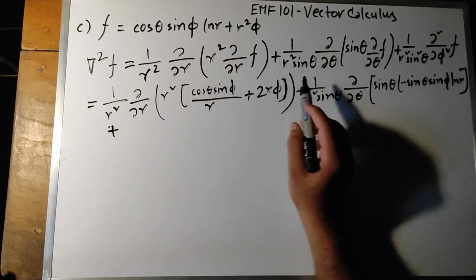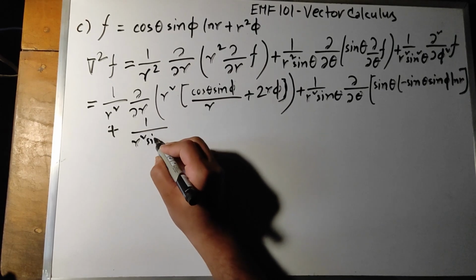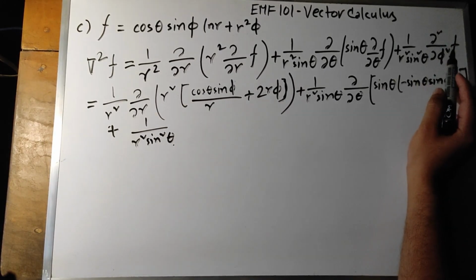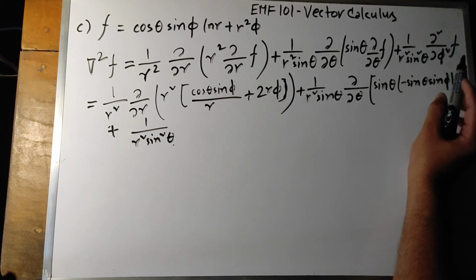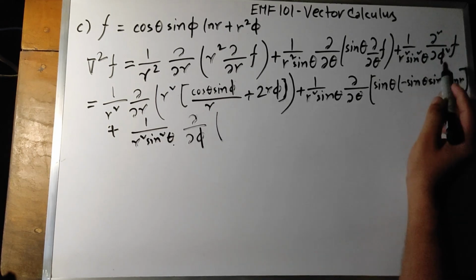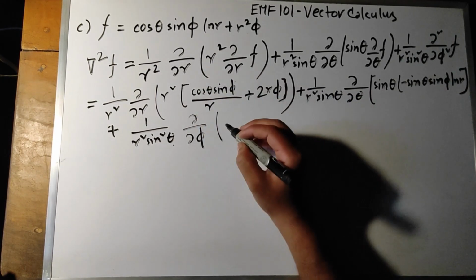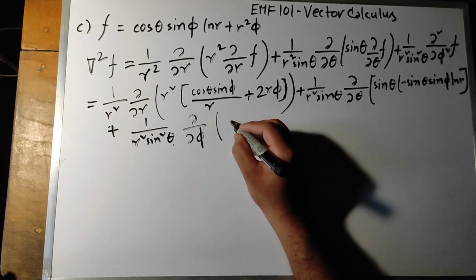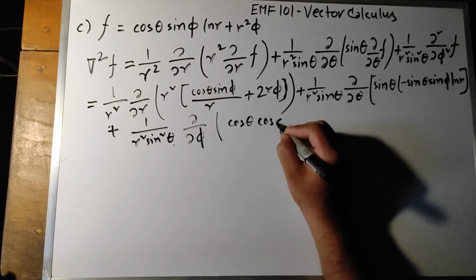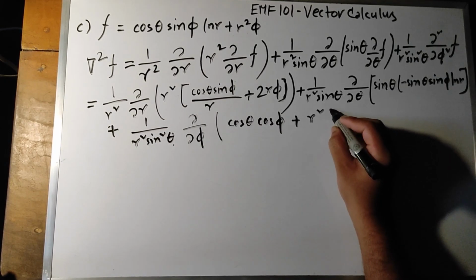Now plus, so this 1 by r square sin square theta, we will do this double partial differentiation in parts. So second partial differentiation, right? So first partial differentiation in terms of phi gives cos theta cos phi plus r squared.